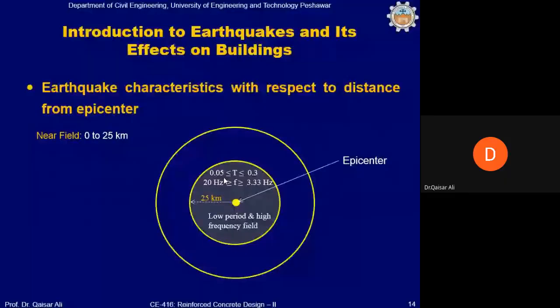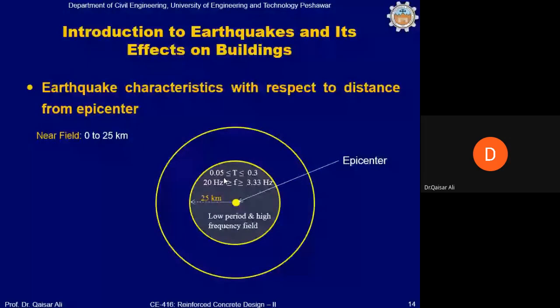The amplitude is also very, very high, and the frequency is also high, and the duration of the earthquake is also more as compared to as we move away from the epicenter. So within this 25 kilometers, we have long duration of earthquake, high frequency, and high amplitude.